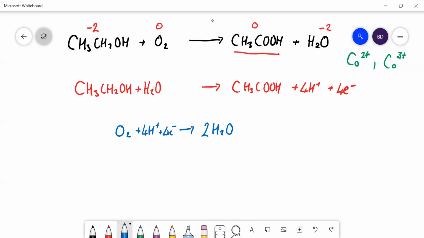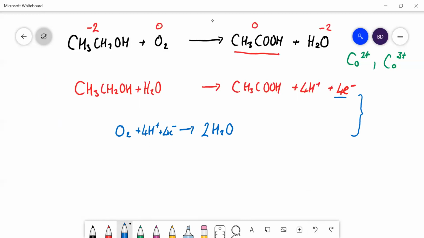Okay, so those are 2 half equations, and if you combine those 2 together, they're both 4 electron processes, so you don't have to do any multiplying, and you find that the hydrogen ions will cancel out, one of the waters will cancel out, and you will get that equation there. So nothing funny going on, everything works out okay.